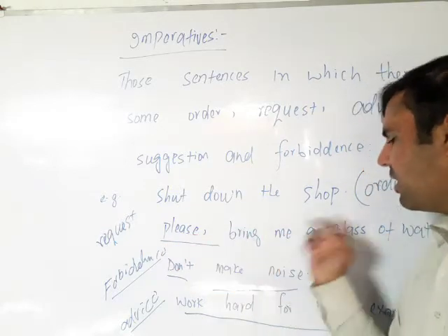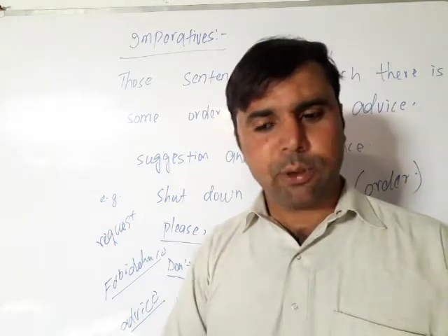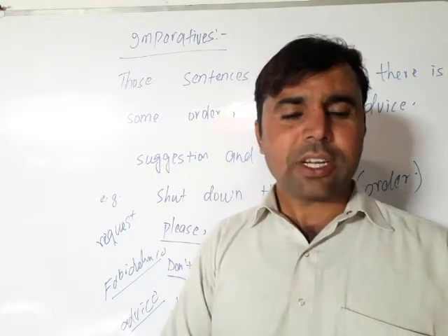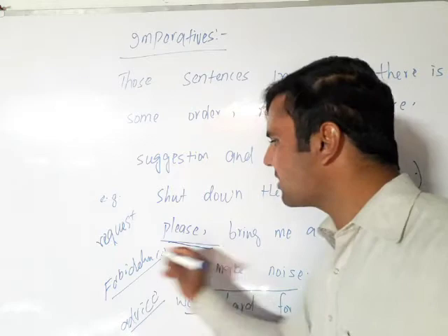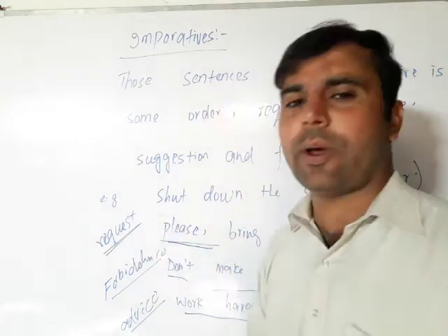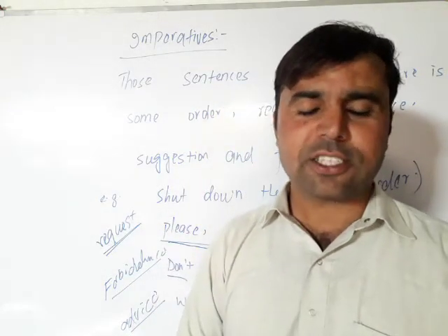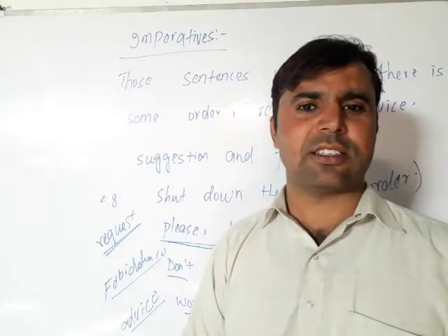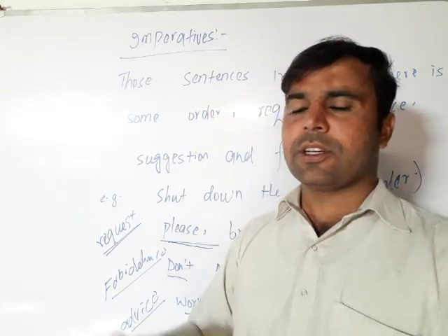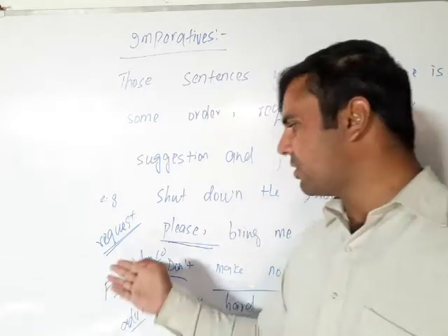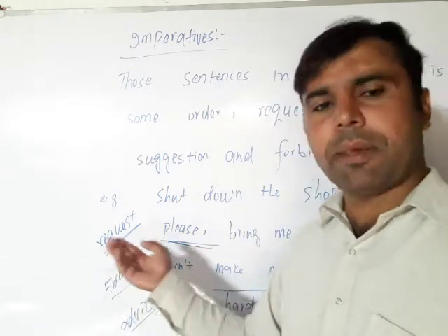Please bring me a glass of water. Now, if we look at this sentence, we don't have any order in this sentence. The word please clearly tells us that it is only a request. A request has been made in this sentence. Through this sentence, the person is requesting some other person that a glass of water be brought to him.